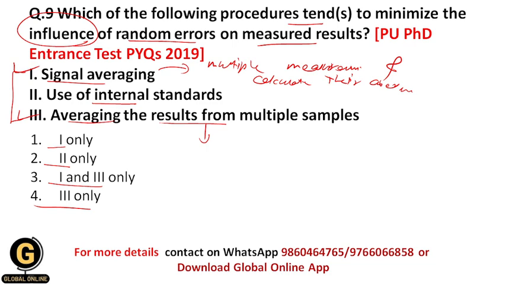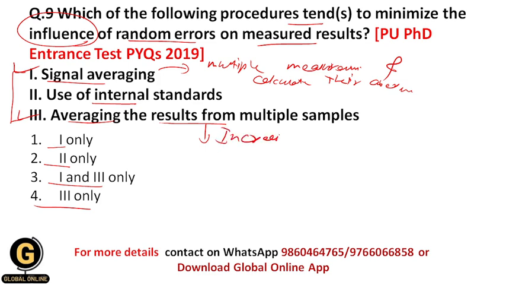Okay, in this method basically, because of the results that we get, we can minimize the influence of random errors on measured results, and we do this by increasing the sample size.